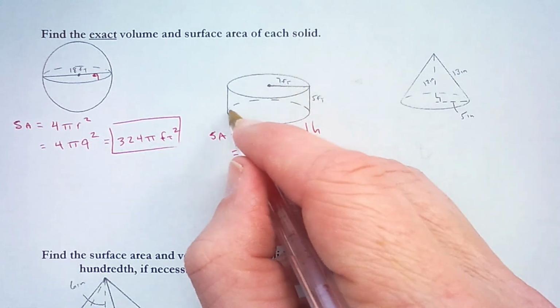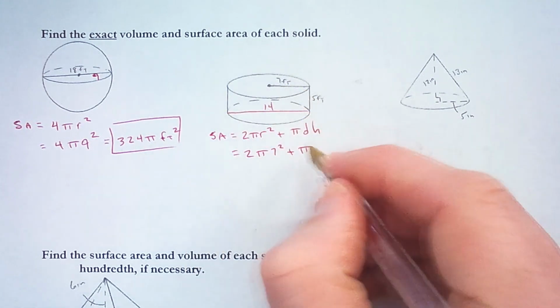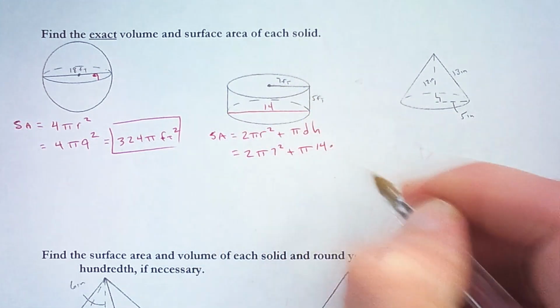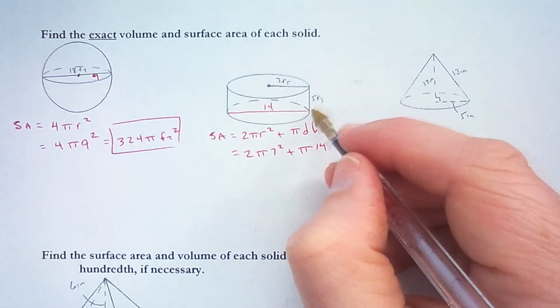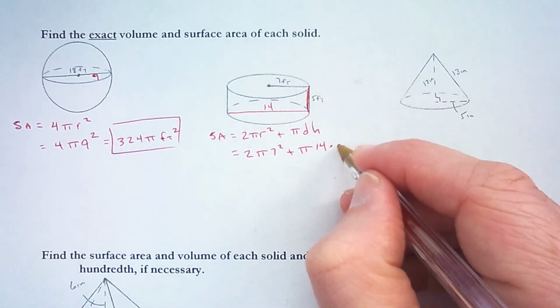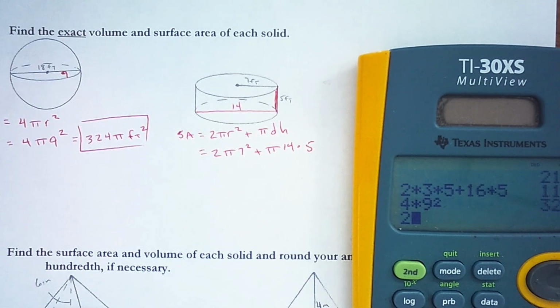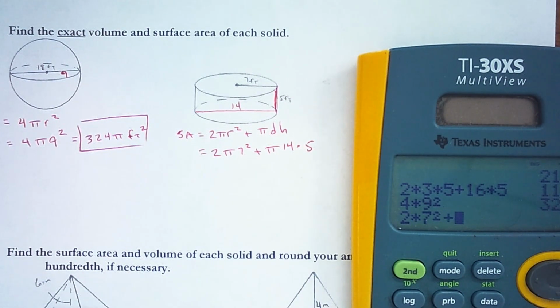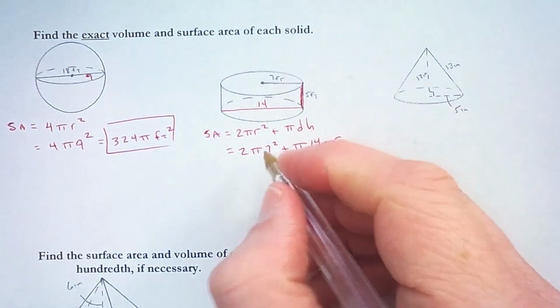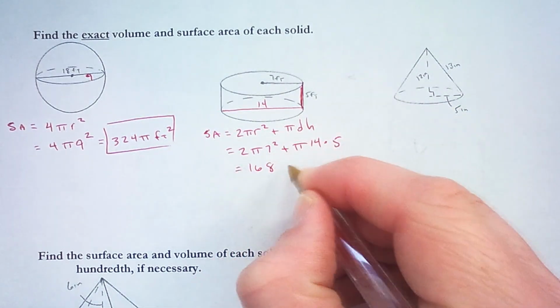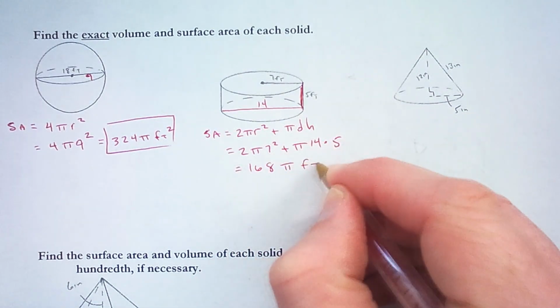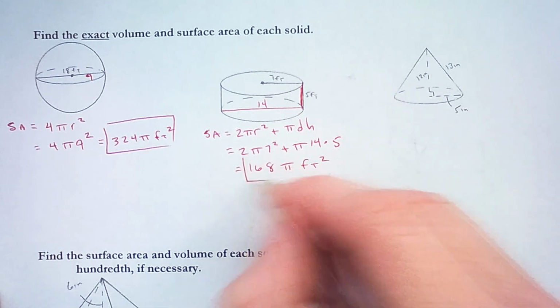Now if 7 is the radius, that means the diameter is 14, and the height is from one circular base to the other, and that is 5. So in our calculators, we have 2 times 7 squared plus 14 times 5, and that is 168. So our exact surface area is 168 pi feet squared.